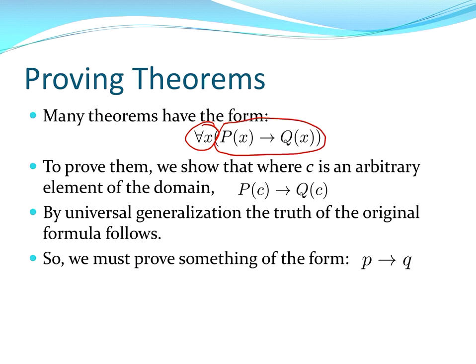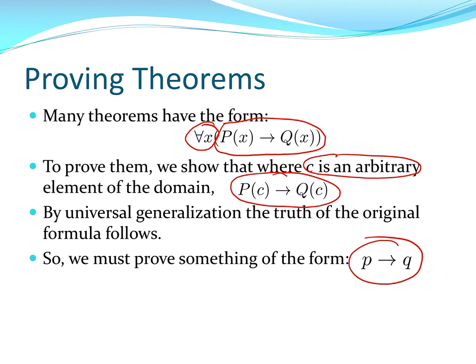So when that is the case, we're often faced with just assuming that c is some arbitrary number, and we want to show that P(c) implies Q(c), and then what that suggests is that many theorems that we will prove will look like P implies Q. And we've already done some proving of things that look like that using rules of inference. All right, so that's the lay of the land for theorems. In the next videos, we'll talk about how we prove theorems of the type P implies Q.